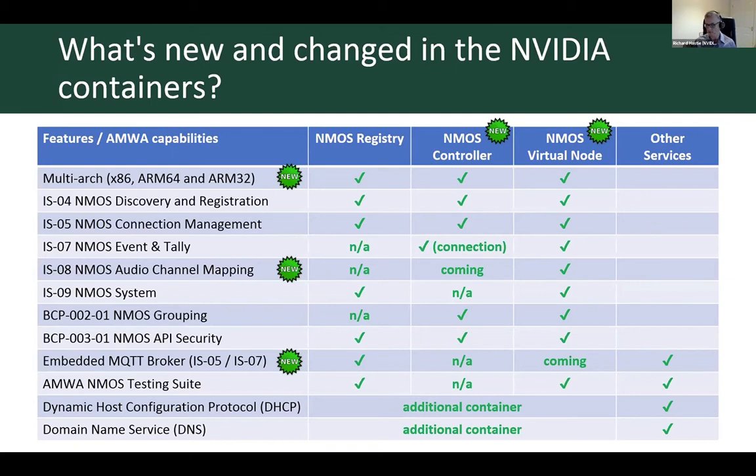We've added in IS-08 support, and we've added in an MQTT broker, which is not part of the AMWA specification, but is something that's directly referred to by the IS-07 NMOS standard. So basically the idea behind this is you now have all of the jigsaw pieces, or as much as possible, available for you to jump in to NMOS very, very quickly and very, very simply.